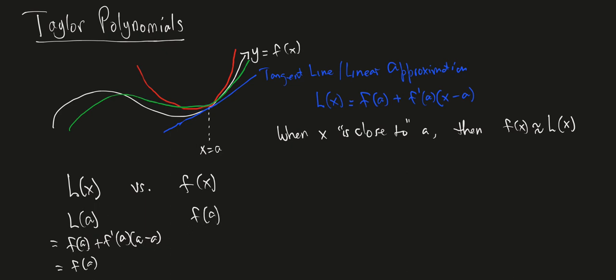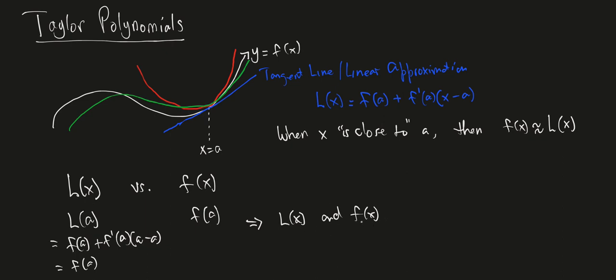What this little observation tells me is this: L of x and f of x pass through the exact same point. Now you might say to yourself, duh, that's why we call it a tangent line. Yes, but here I'm just focusing purely on the property, not so much on the graph.